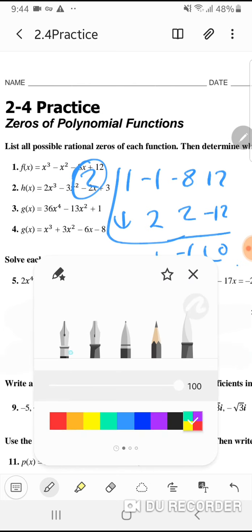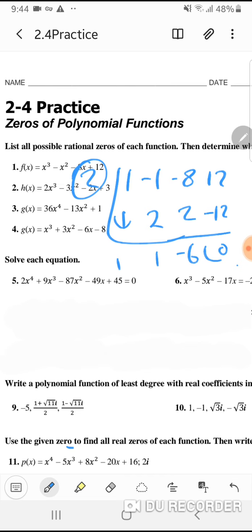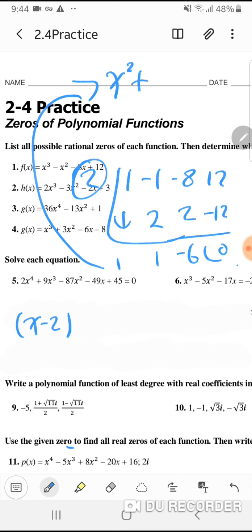Okay. So 2 actually works. So I'm going to write that first, and then these numbers will be x to the second power plus x minus 6. So that's easy because we have a quadratic function.